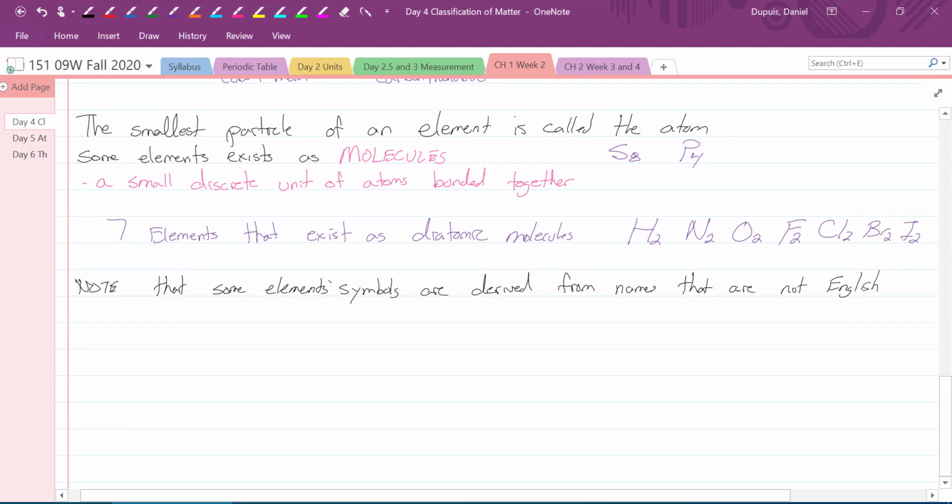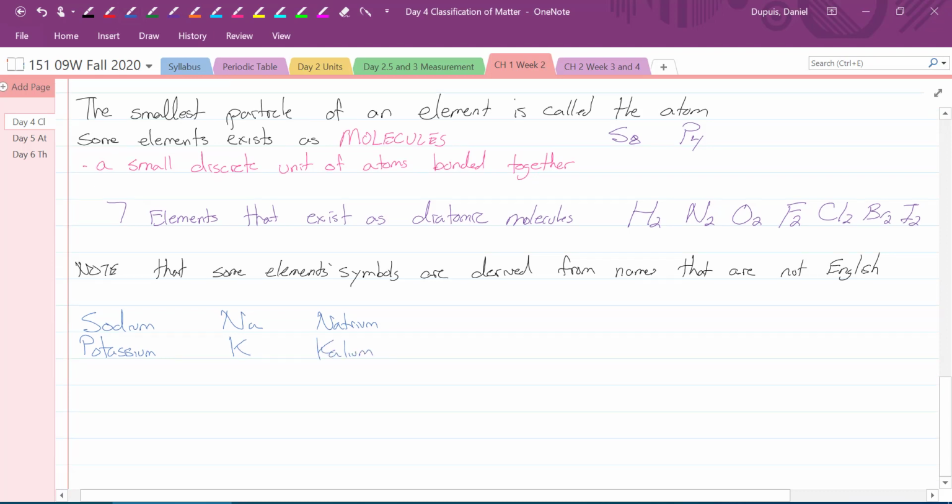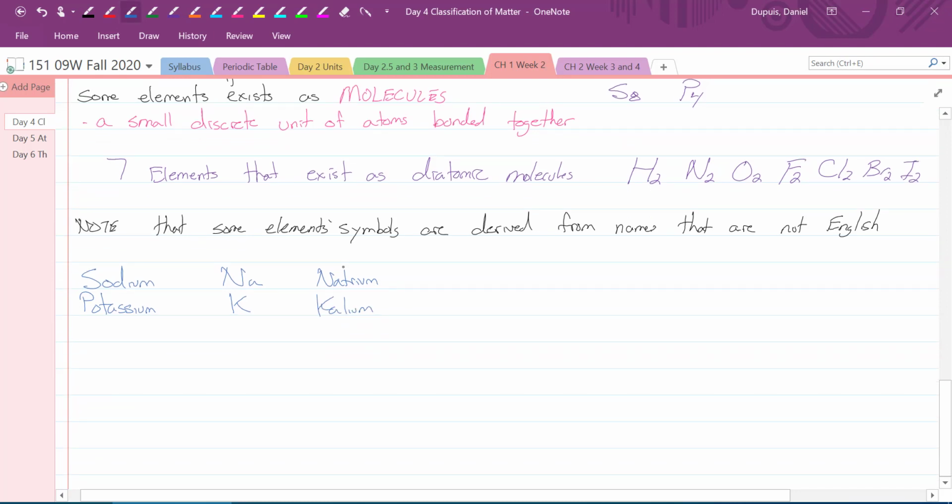All right. So we have sodium, which is Na, and that's natrium. We have potassium, calcium. Right? Now, do you need to know calcium and natrium? No, that's just where they came from. We need to know sodium, potassium, iron.